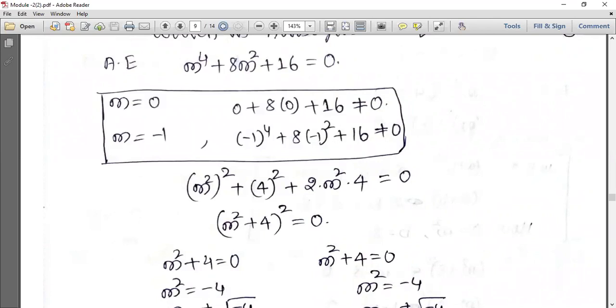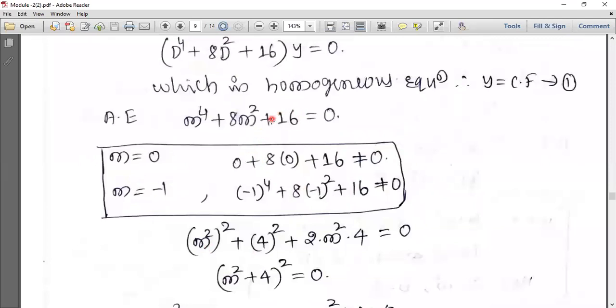So what I'm doing is, whatever this m raised to 4 is there, I'll write it as m square whole square, plus this 16, I'll write it as 4 square, plus whatever this 8m square is there, 8 can be written as 2 into 4, into m square as it is. That is equal to 0.